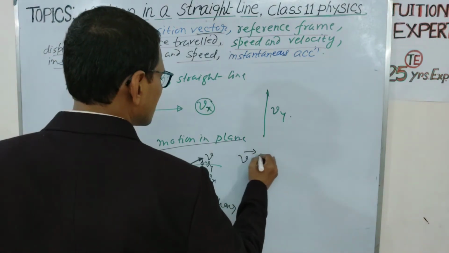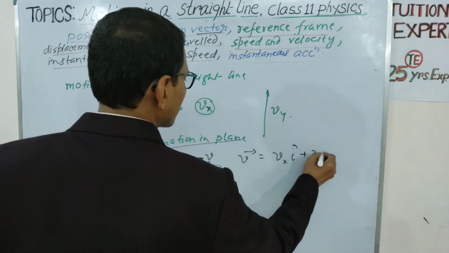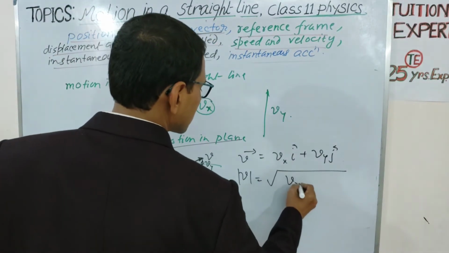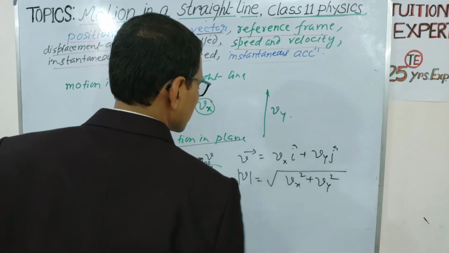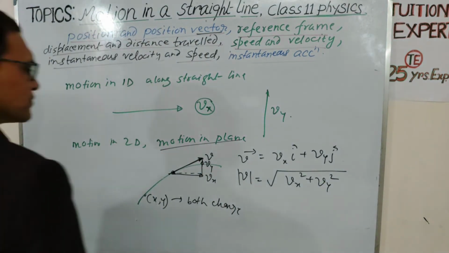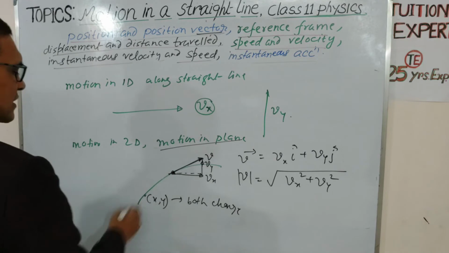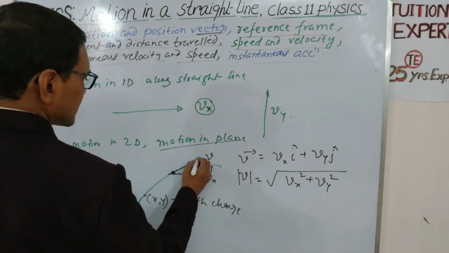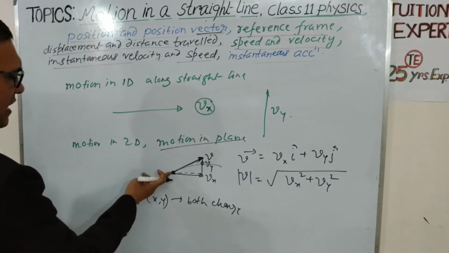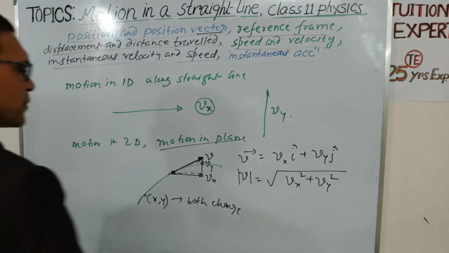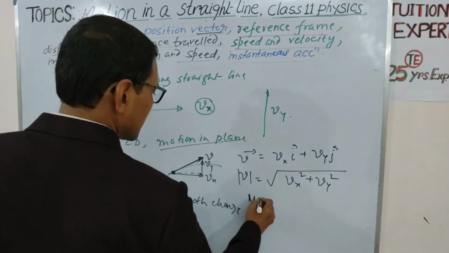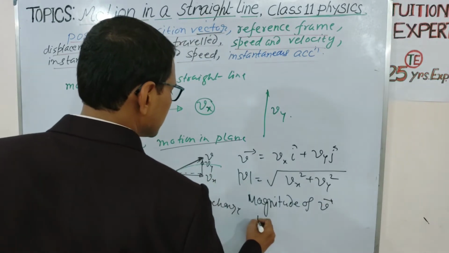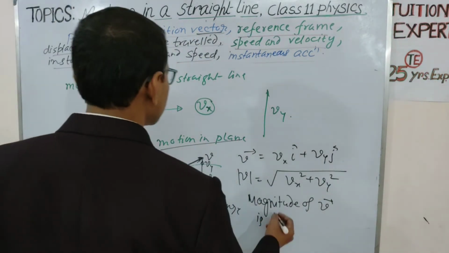So V equals Vx i plus Vy j, and the magnitude of velocity is this. The instantaneous velocity is a vector, with direction along the tangent at that point, and the magnitude of the velocity vector is the instantaneous speed.